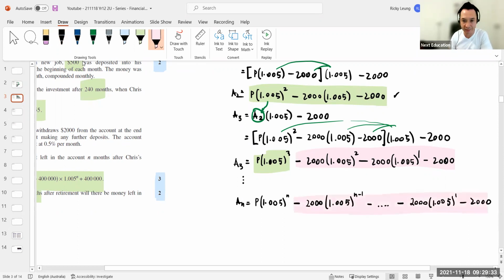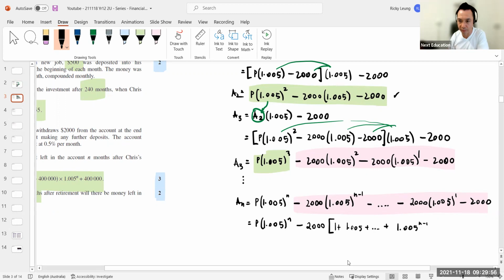We leave the first term untouched, minus, factorize everything, and so you get 1 plus 1.005 plus all the way to 1.005 to the power of N minus 1, right? Just like before.